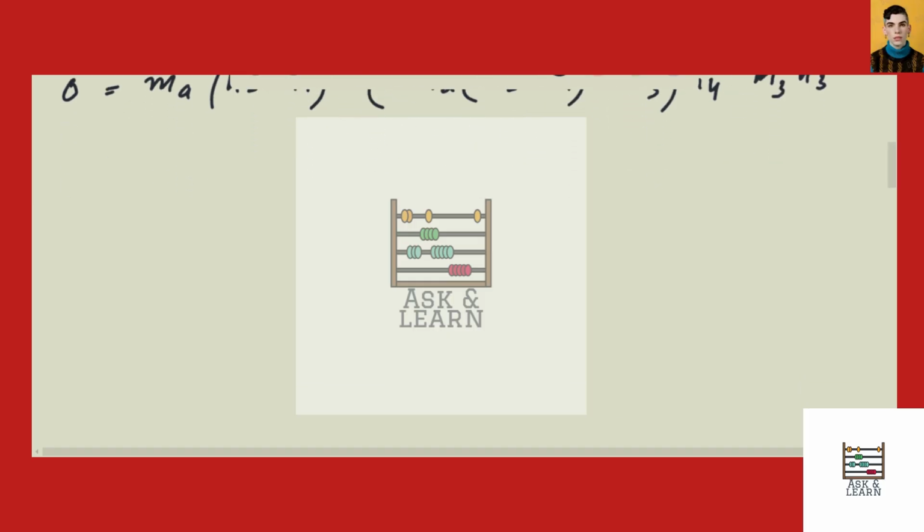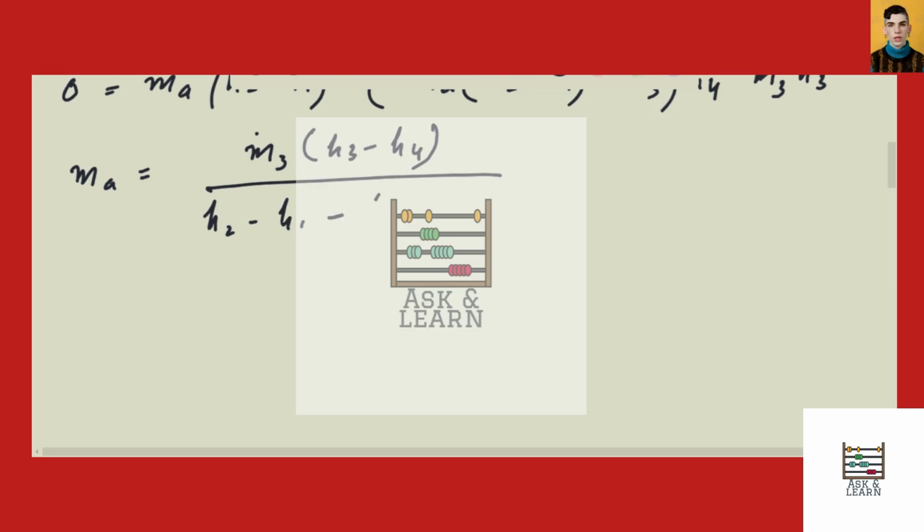So guys, now we find the formula for MA, that is M3 into H3 minus H4 divided by H2 minus H1 minus W2 minus W1 into H4.